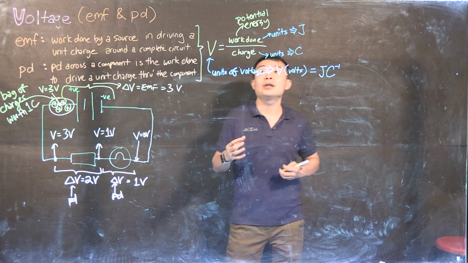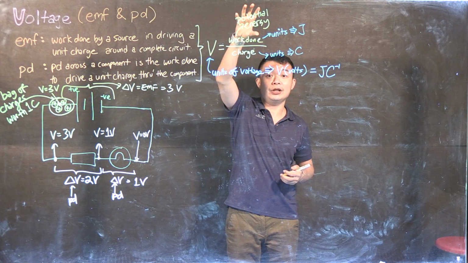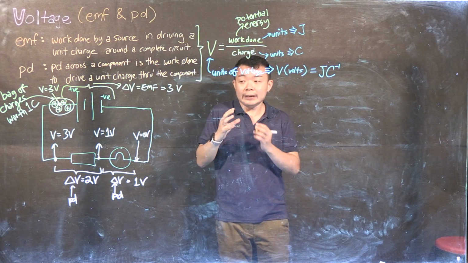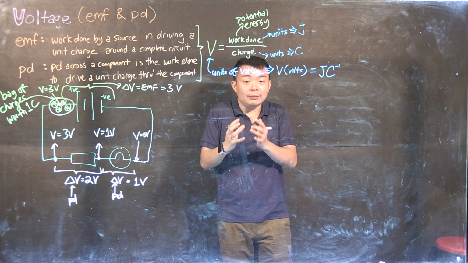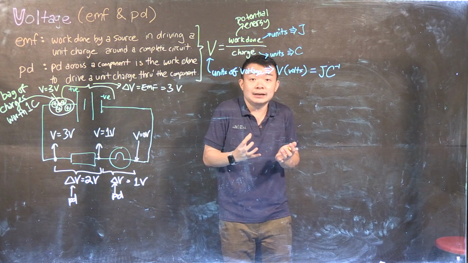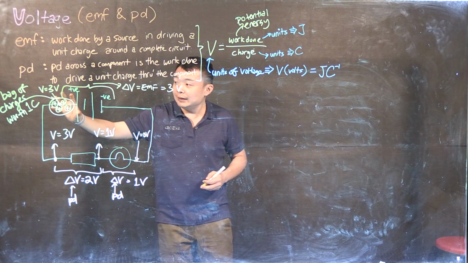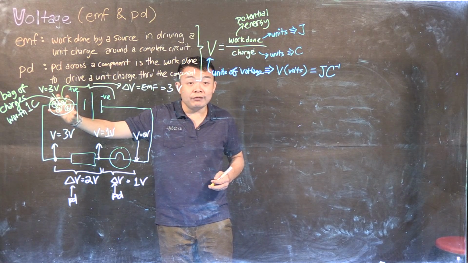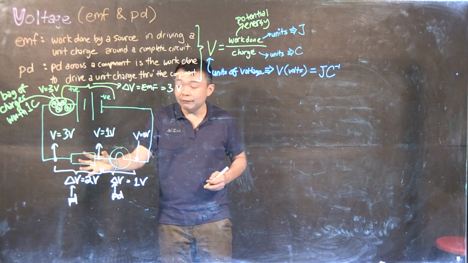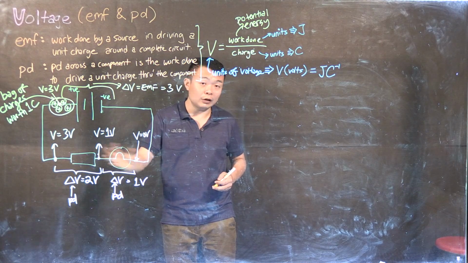I see voltage as a form of potential energy contained in a bag full of charges, which is worth 1 coulomb. And as the charges gain energy from the battery, it also gives away this energy to components.